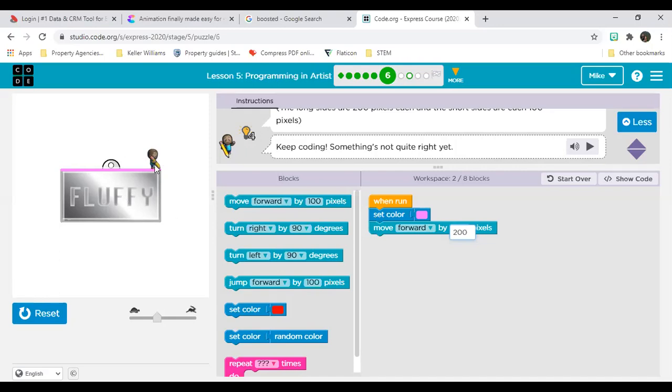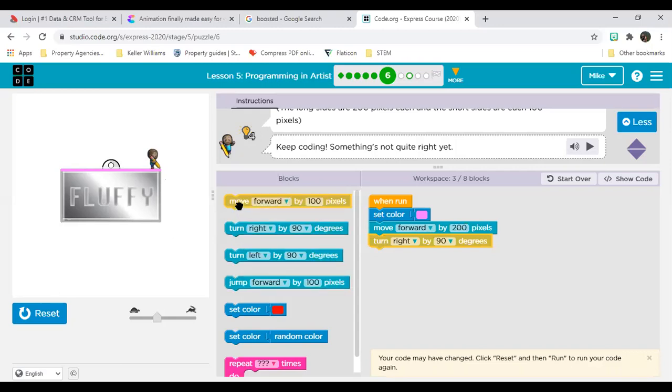Remember, our artist is facing this way, so if we want to move down, remember there's no move down in our toolbox, so we have to turn by 90 degrees, and we are going to turn right by 90 degrees. And then we will move down.